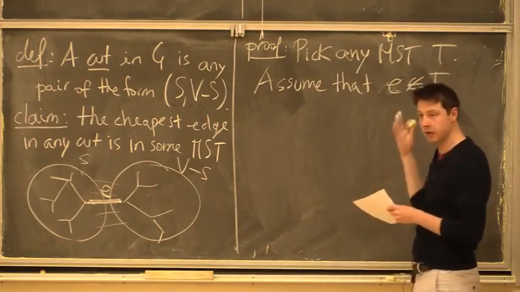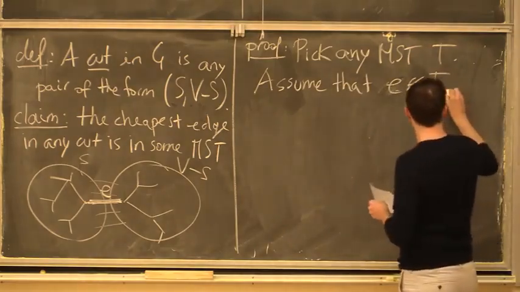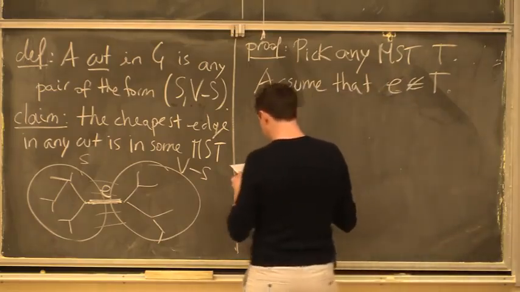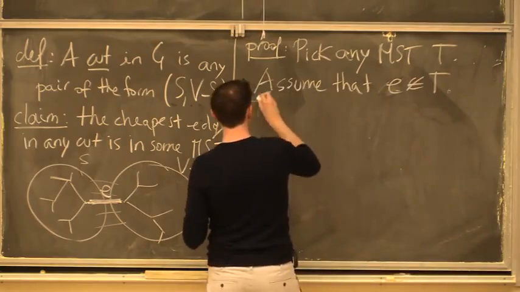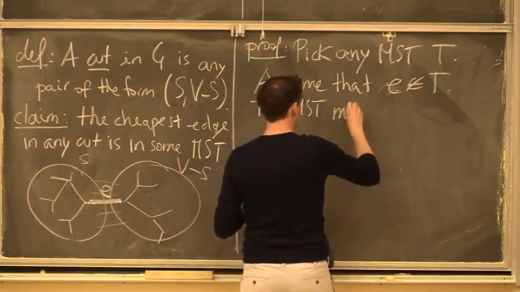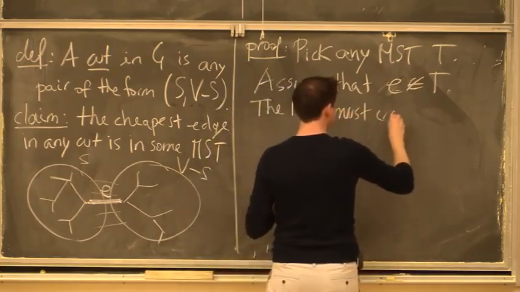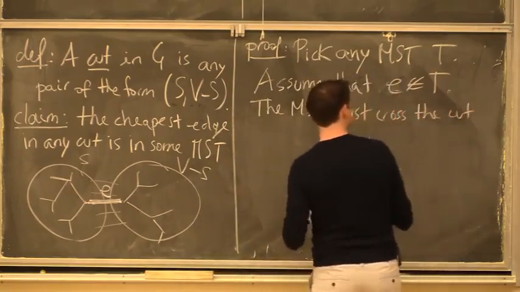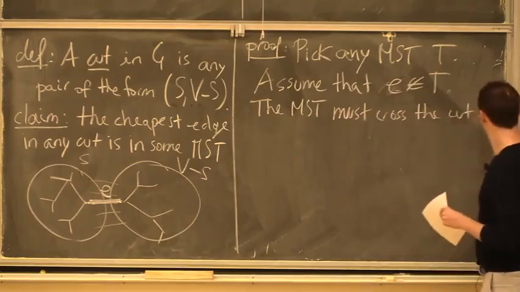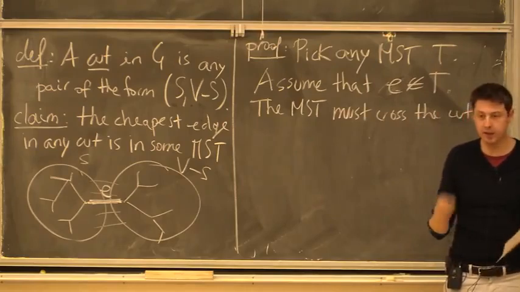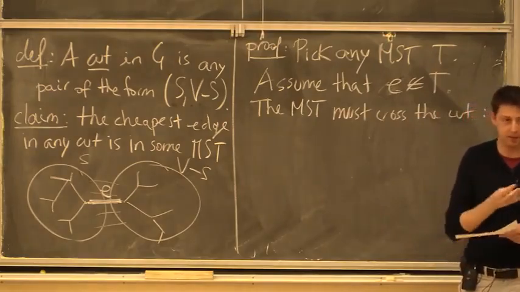So we're going to derive some contradiction. So the MST must cross the cut somewhere, right? Why? Because the MST spans the whole graph, and the cut cuts it. So the MST must cross it.